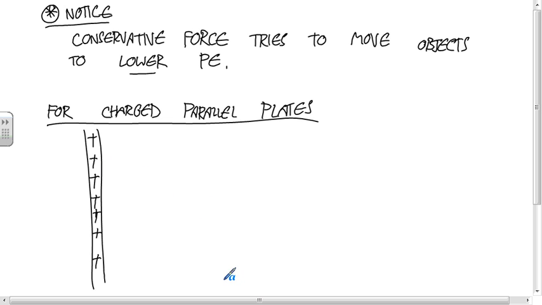You always have forces from the force field pushing from one plate to the other, depending on what the sign of the test charge is. And there's one special thing about the forces between these parallel plates. Yeah, right. So all the force vectors are the same.